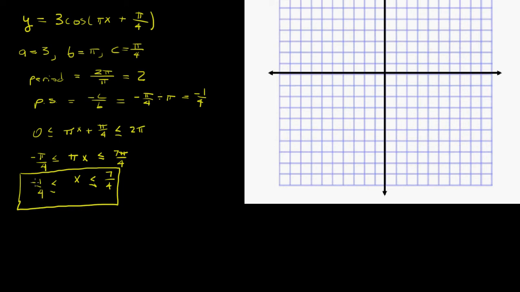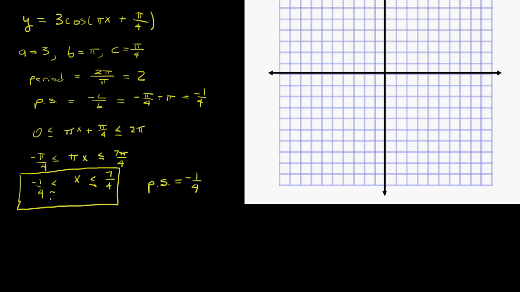The phase shift is given by the starting point, which would be negative 1/4. And notice that's exactly what we got up here when we used the formula. And the period would be the length of this interval, from minus 1/4 to 7/4. One way to get that is to subtract the endpoint.